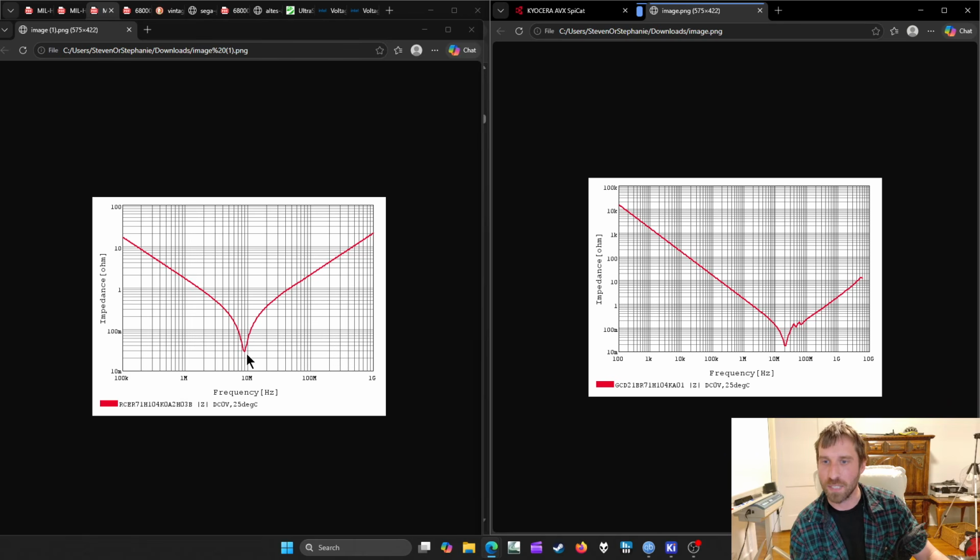If you look at this resonant, I call it a resonant valley, I don't know if that's the official name, about 9 megahertz. Here we're at 20. And then at high frequency, just like the tantalum, surface mount completely wastes the through hole. But we go back in the day, all they had was through hole. Surface mount hadn't been made yet, or it was super expensive. Through hole was the way to be back in those days.